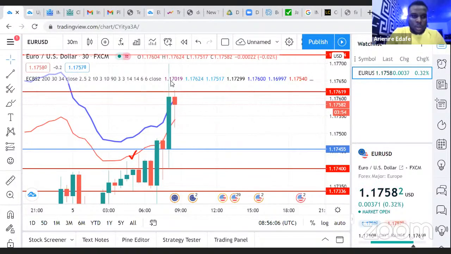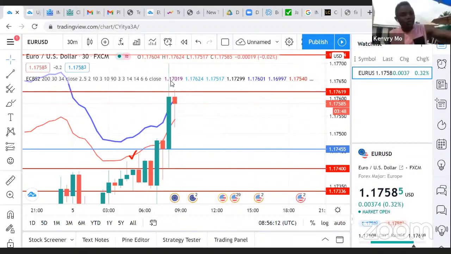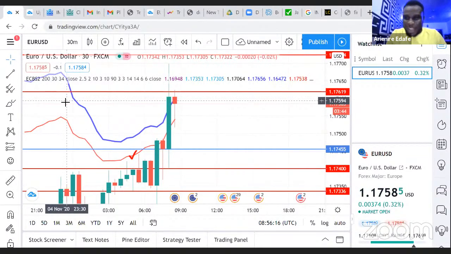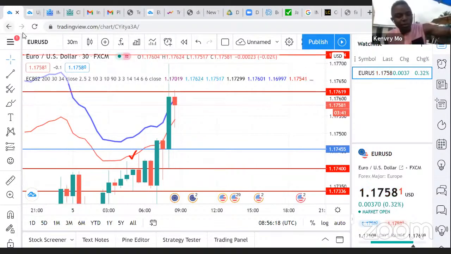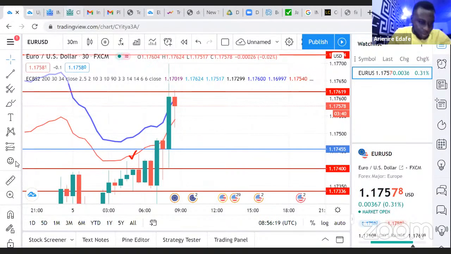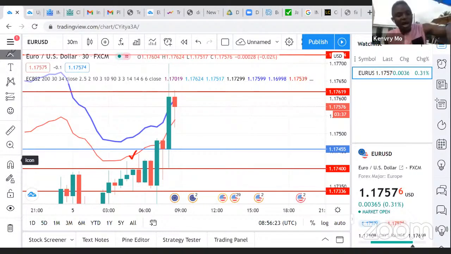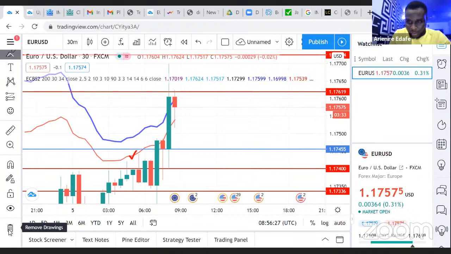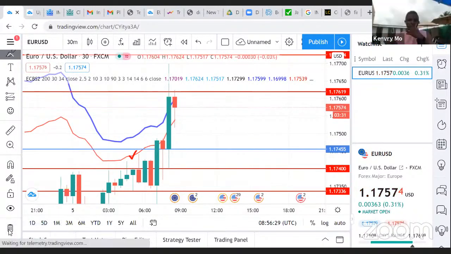Okay. Can I clear everything from my screen and start all over again? Do that. I don't even know how to clear. Go down at the left side. See the arrow. That's the remove drawings.